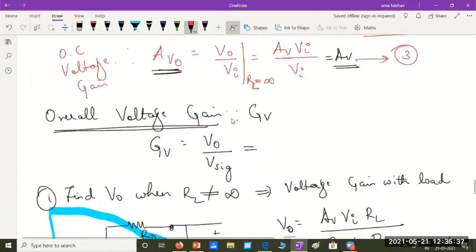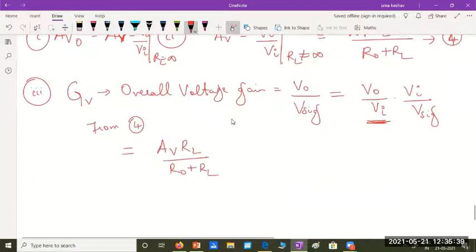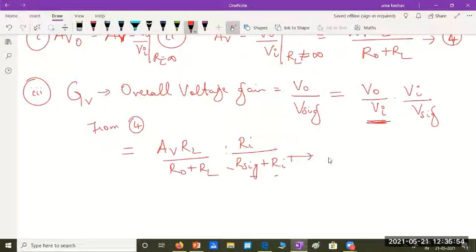So Vi by Vsig could be written as Ri by Rsig plus Ri. Just now we wrote. Okay. So this is from equation 1. From equation 1, we got this value, and from equation 4, we are getting this value.